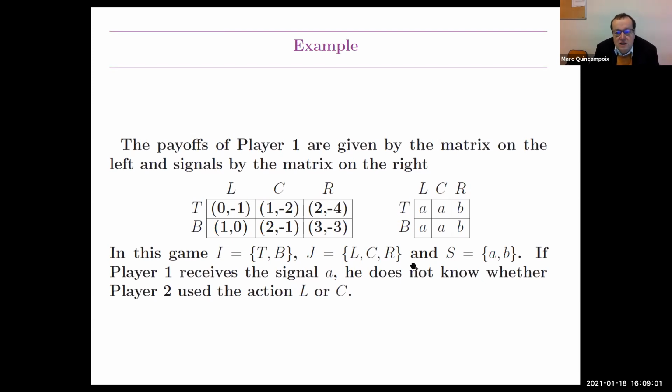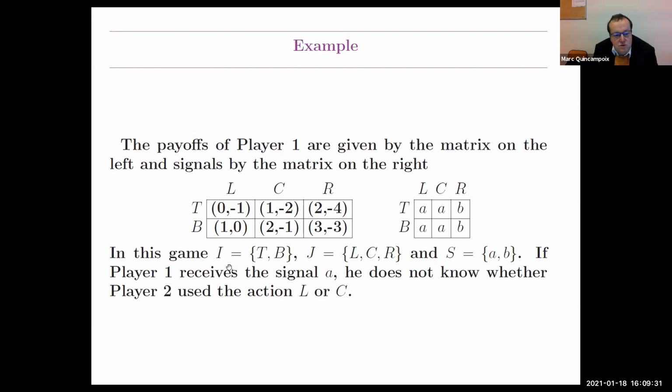So let's consider an example of a game with partial monitoring. We have two players, and you have a matrix: 2 actions for the first player, 3 actions for the second player. This is the matrix of the vectorial payoff. And the first player receives a signal which is defined by the second matrix.